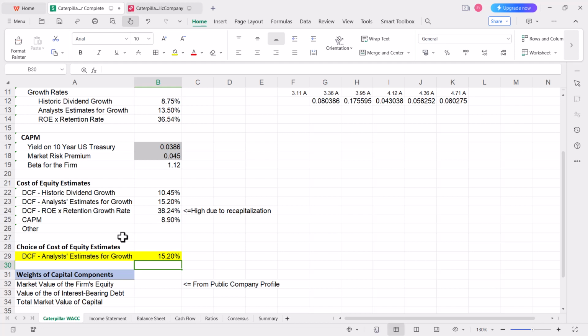Caterpillar has a finance division, and that finance division is used to finance the sale of their big pieces of equipment to their buyers. Well, right now we're in an increasing interest rate environment, and what tends to happen with this type of product in an increasing interest rate environment is that the demand for it goes down, because as the cost to borrow increases, the people willing to finance those purchases will decrease.